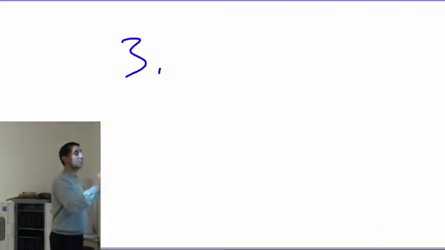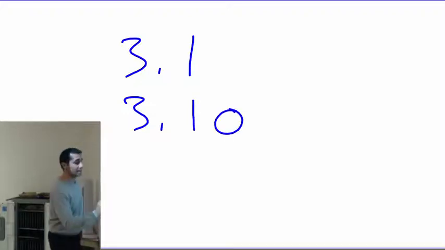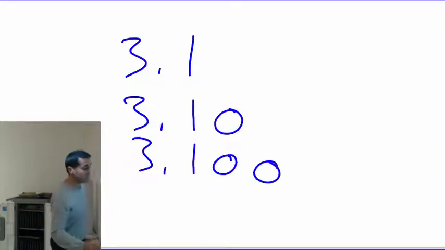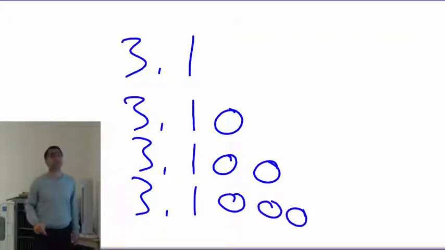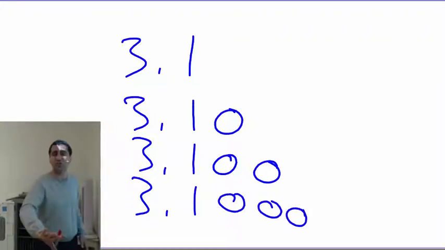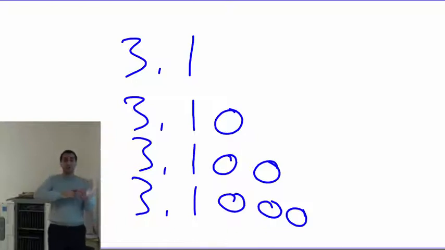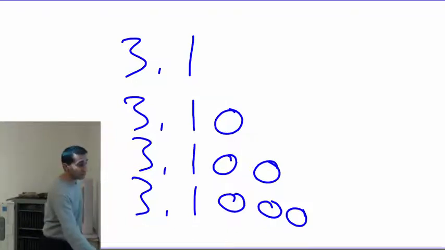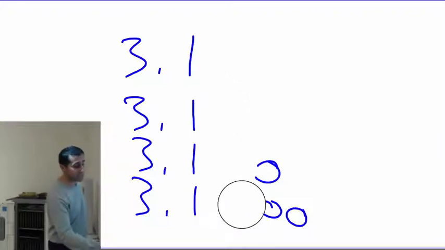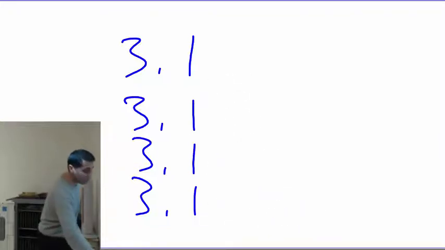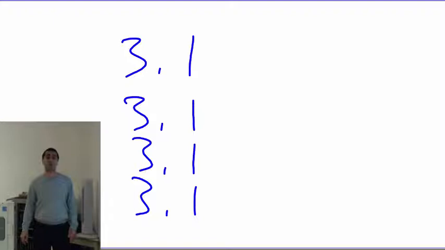And if you have a decimal number such as 3.1 and 3.10 and 3.100 and 3.1000, ignore the zeros at the end. It's just like having a 0 in front of a number. We ignore it. We don't need it. All those numbers are actually the same numbers. These are all 3.1.